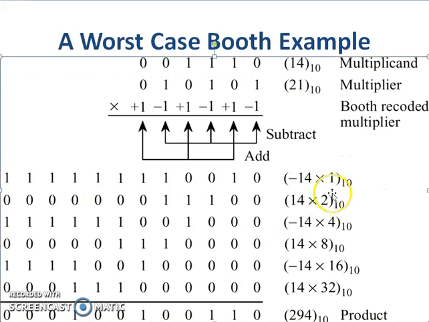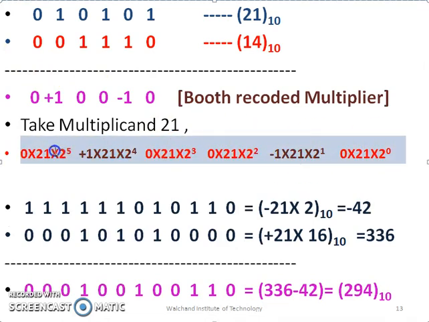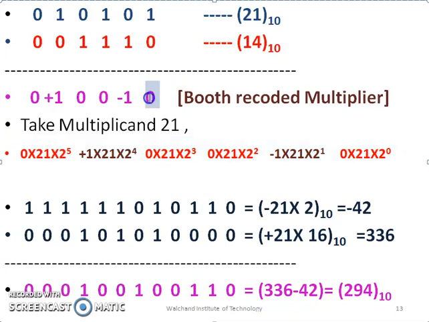But in this case there are six terms. That is, -1 times the multiplicand 14 times 2 raised to 0, the position weight. Then the next value, +1 times 14 times 2 raised to 1. I have not written it clearly here, because in the previous video tutorial I clearly explained the position weight, the multiplicand and the value: the Booth recoded value times the multiplicand times the position weight.